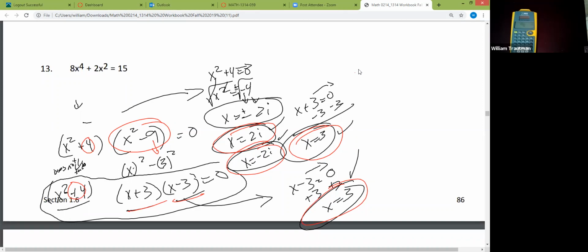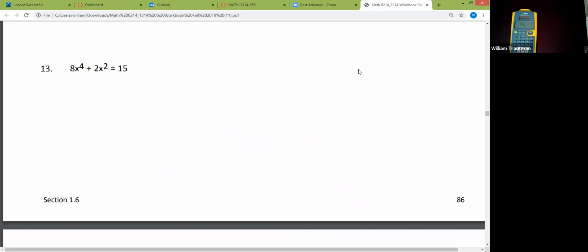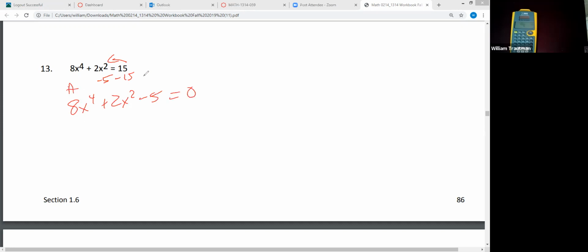You might have to do it on the homework. I'm just going to set it up for you. Bring the 15 over by subtracting 15. So you have x to the 4th plus 2x squared minus 15. And then use the AC method to factor it. Then you might have to factor it again, because of the x to the 4th.